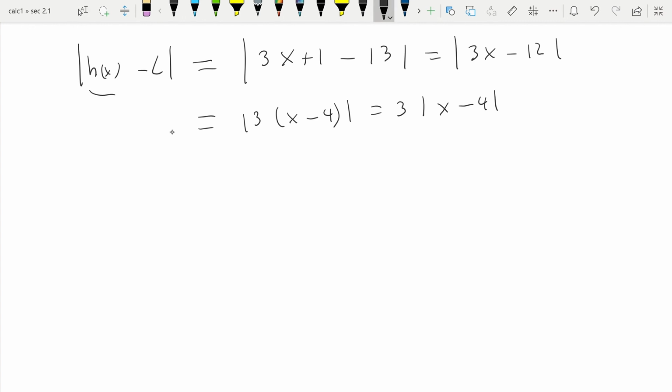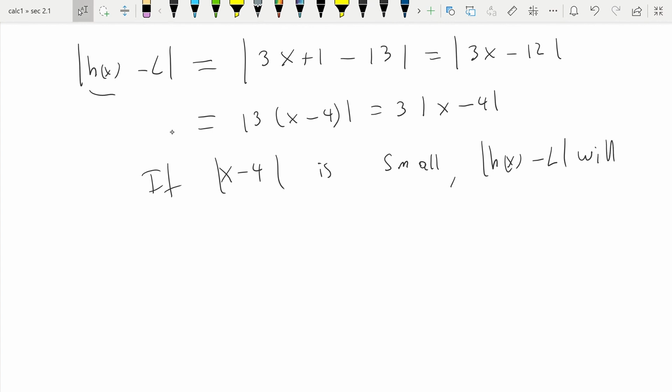So if x minus 4 is small, h of x minus L will be small, because h of x minus L in absolute value is just 3 times the distance between x and 4.